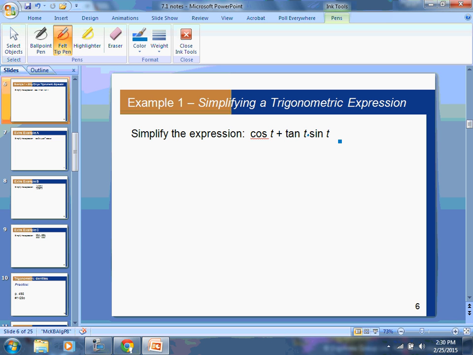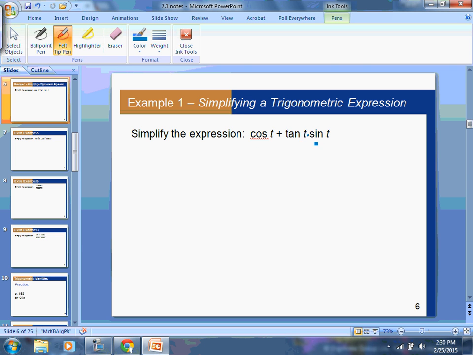When you first look at this, you just have to think, okay, what do I know about cosine or tangent or sine that can help me start to simplify this and maybe rewrite it a little bit? Now I've got sines and cosines, and then I have this tangent. And we know that tangent is actually sine over cosine.